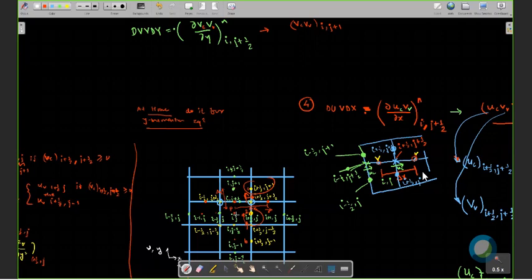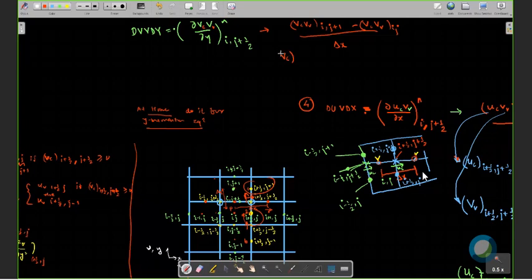VV at j plus 1 has to be interpolated. And how do you interpolate VC? VC at I, j plus 1 has to be found out.